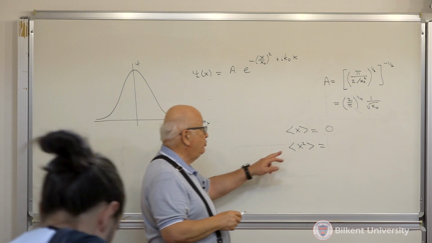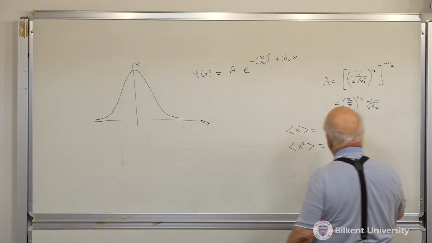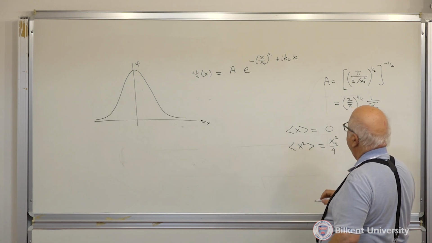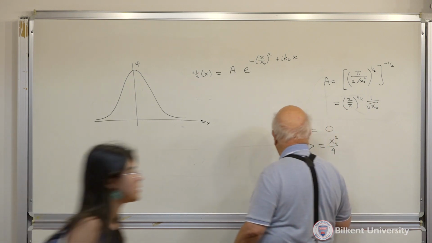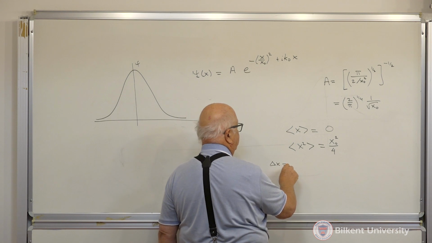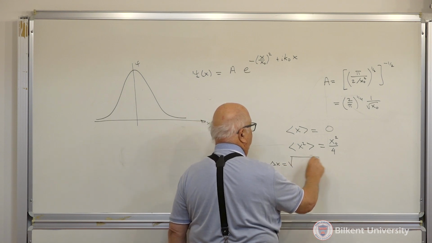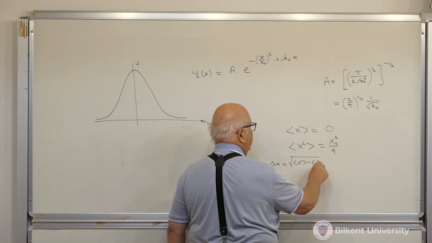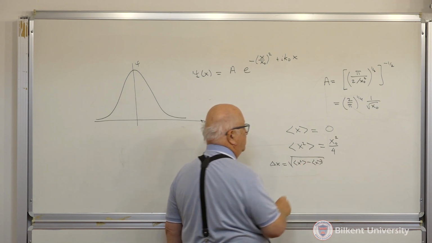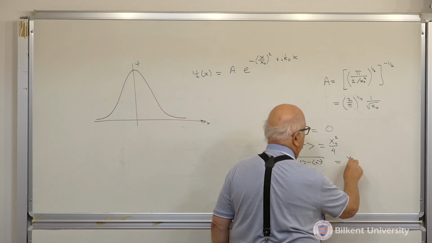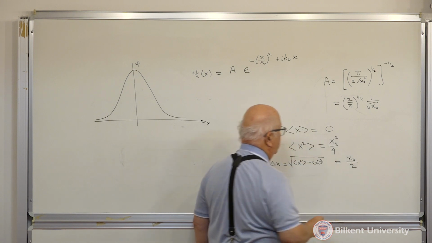Well, the average of x squared must have units of distance squared. So it's going to be x0 squared over 4. And if I now look at what delta x is, delta x is going to be the square root of the average of x squared minus the average of x, squared. That's going to be x0 over 2.